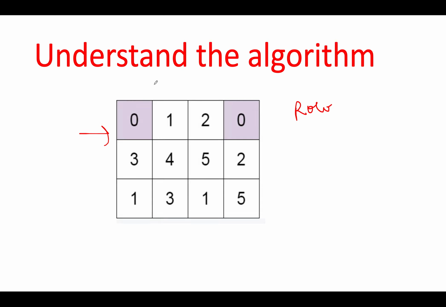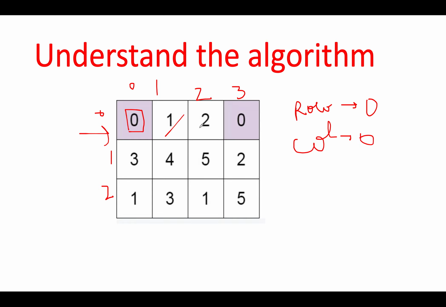So you start the iteration, and let me write the column index and the row index, 0 1 2. The first element that you see is 0. That means you need to mark the 0th row to 0, and the 0th column to 0, and you continue the process.